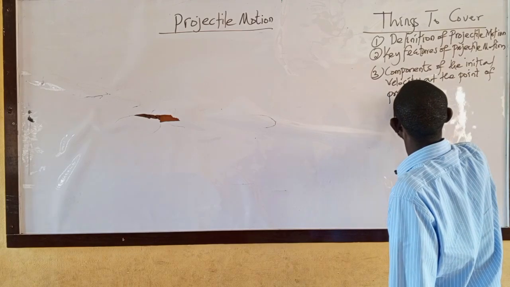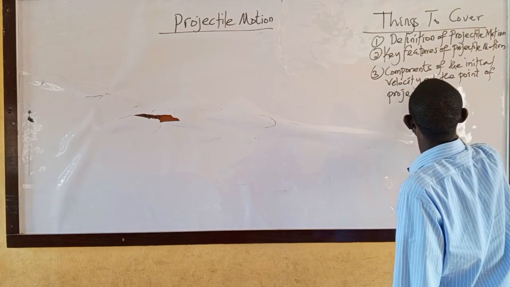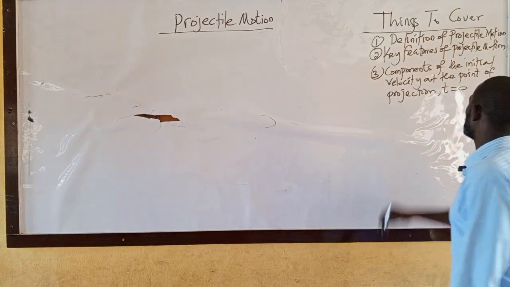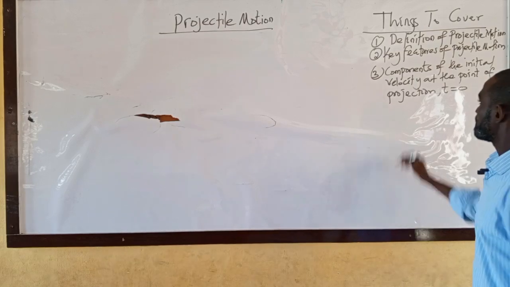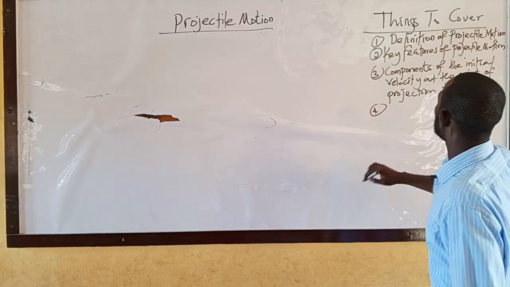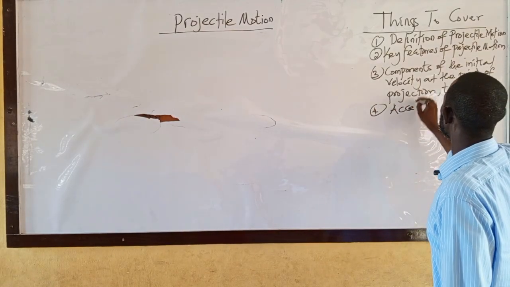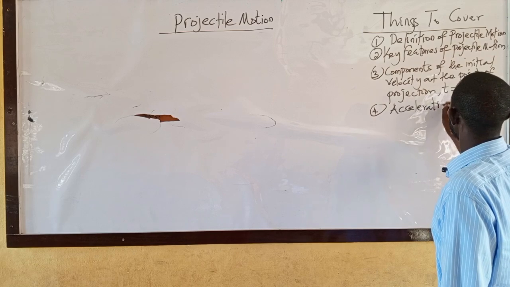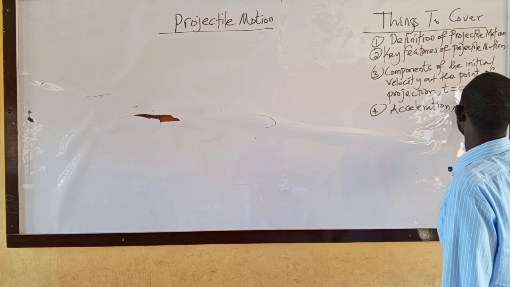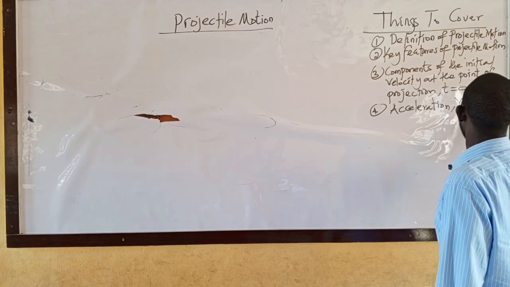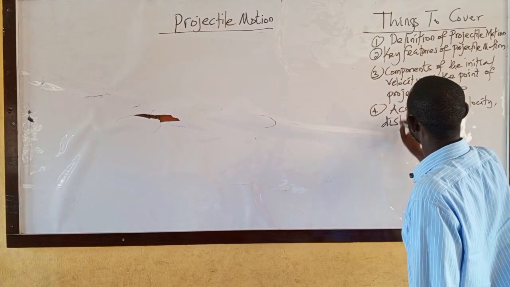What is this point? It is the point at which our time is now 0. Okay? Now the fourth one, we discuss what we call acceleration. We discuss velocity, and we discuss displacement.